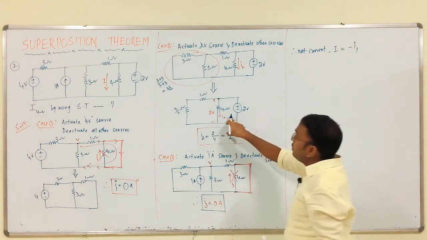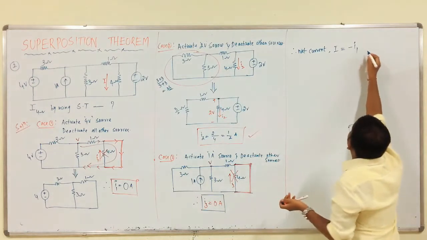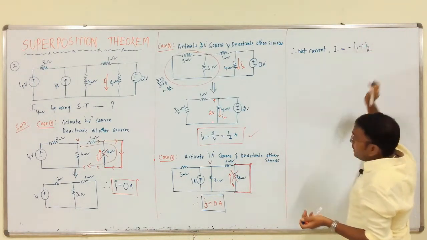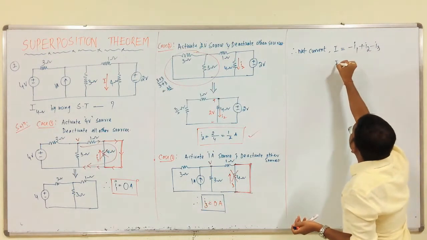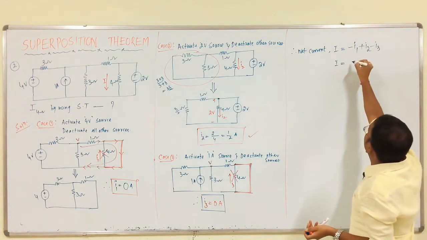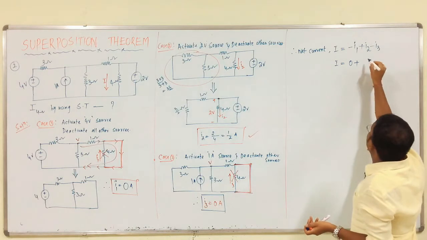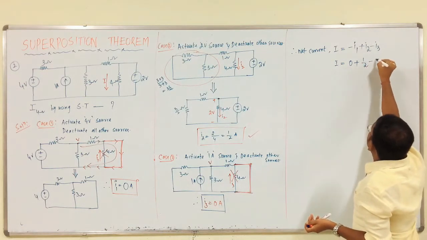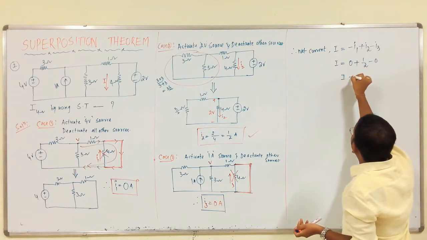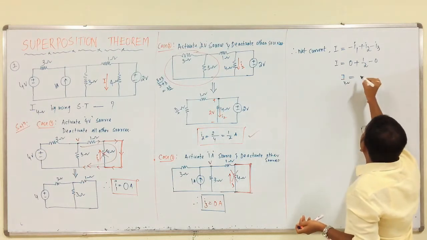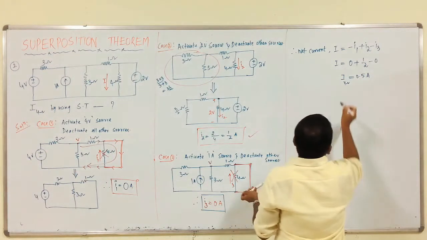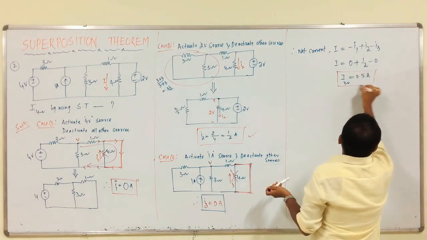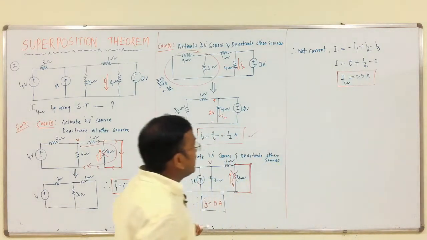Now, coming to I2, it is same as that of I, that is why plus I2. Coming to I3, it is upward, that is minus I3. Therefore, I is equal to I1 is 0 plus I2 is 1 by 2, I3 is 0. Therefore, the current through the 4 ohm branch is nothing but 0.5 amperes.